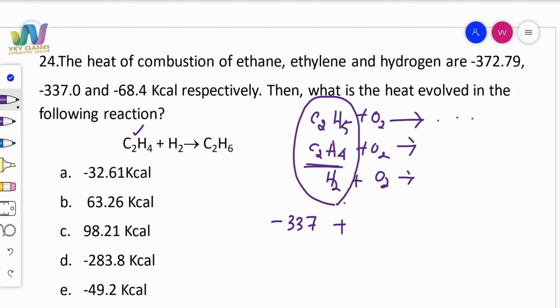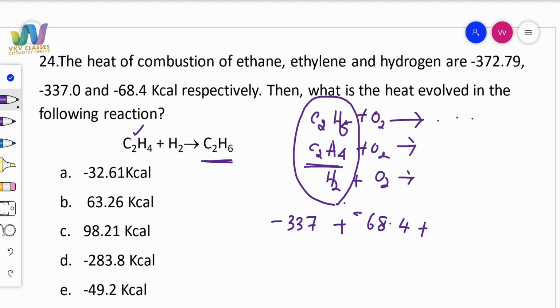Then we require the hydrogen enthalpy. Hydrogen is in the third equation. So the value is minus 68.4 plus. Then we require ethane as the product, C2H6.